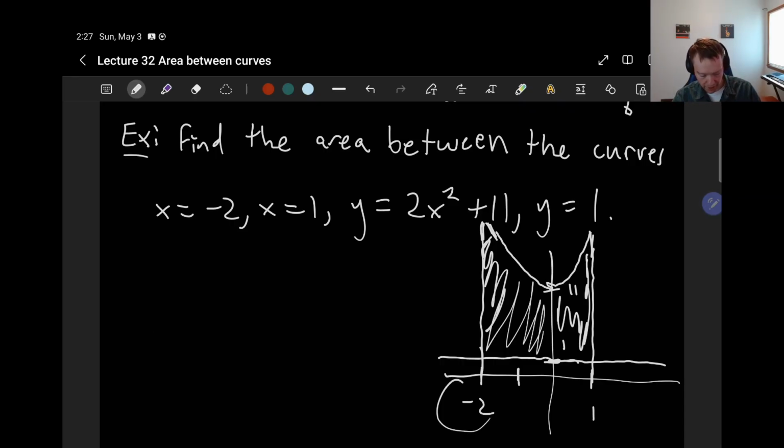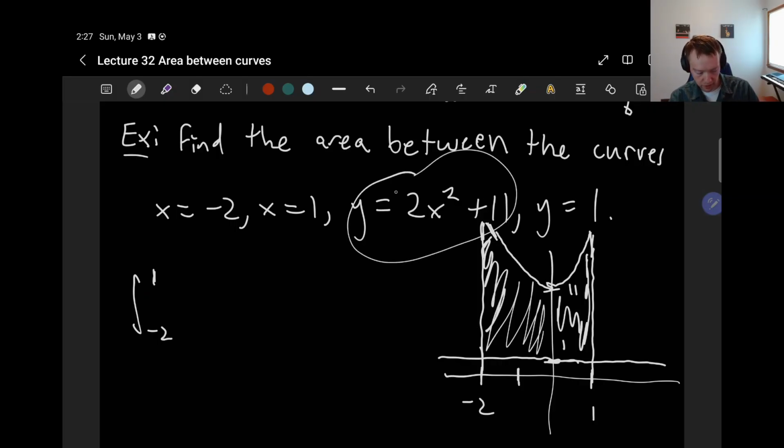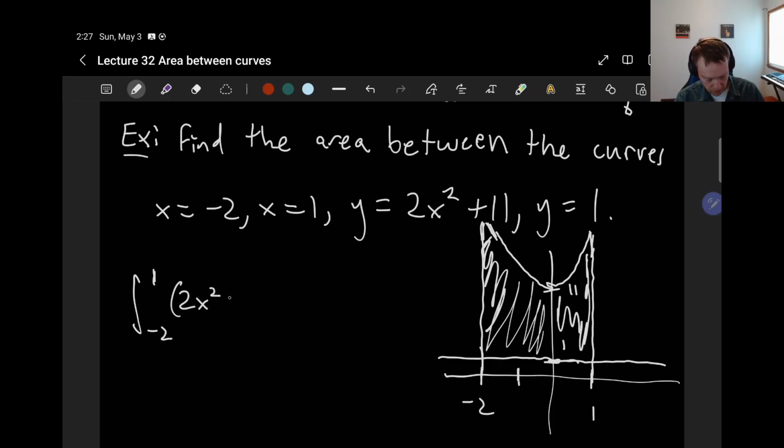Well, I have my limits of integration, my x bounds, if you will, between x equals -2 and x equals 1. My higher curve is the parabola, so I write that first: 2x squared plus 11. Subtract off the lower curve, just 1, dx.